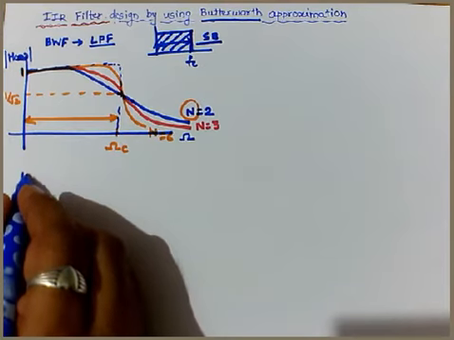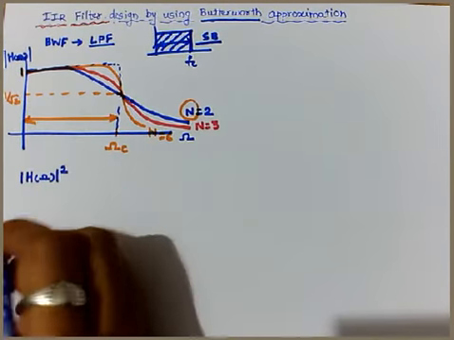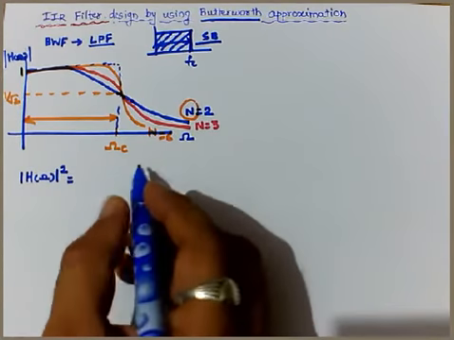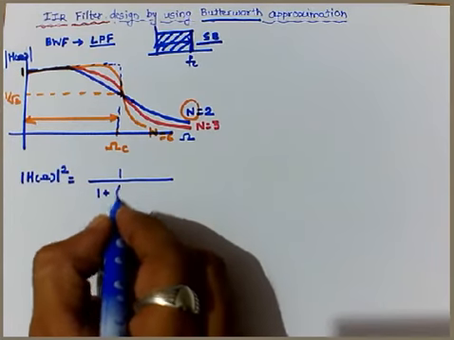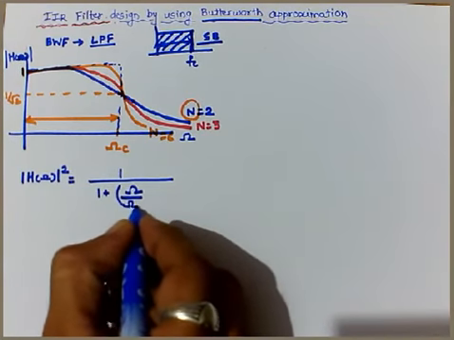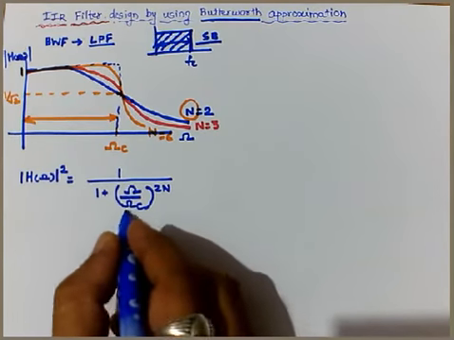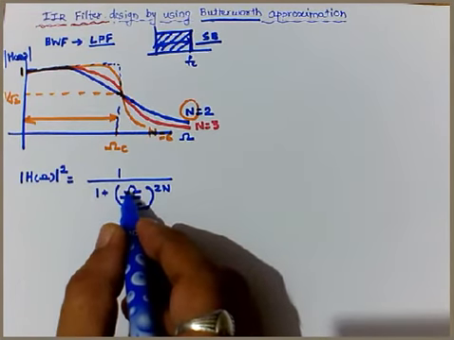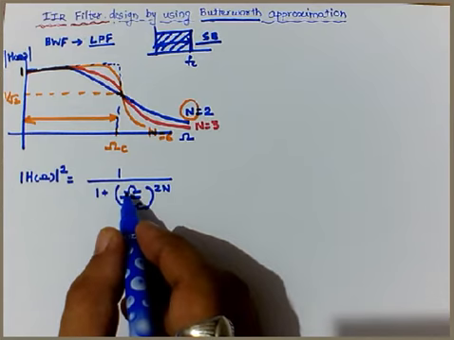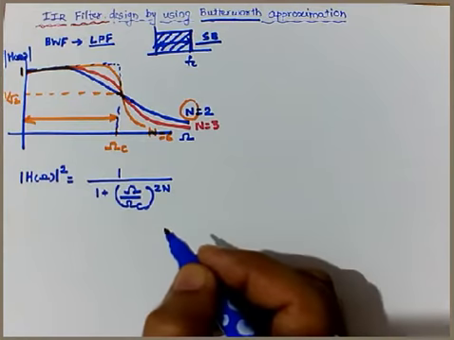Since it is magnitude square, it will be mod H of ohm squared, given by the equation 1 upon 1 plus (ohm by ohm C) raised to 2n. Here ohm C is the cutoff frequency for the analog filter, ohm is the analog frequency, and N is the order of the filter.